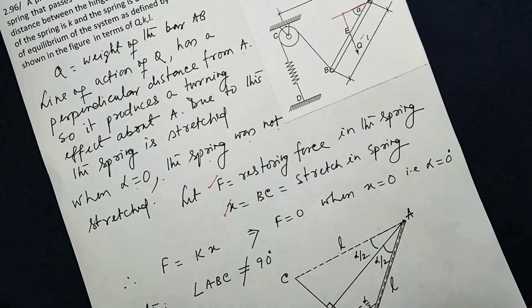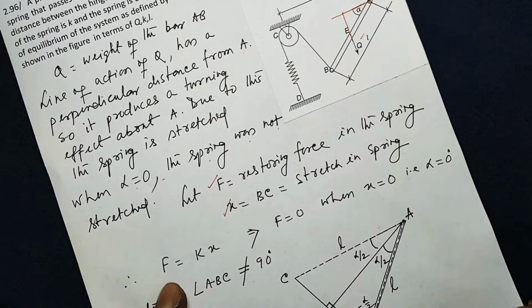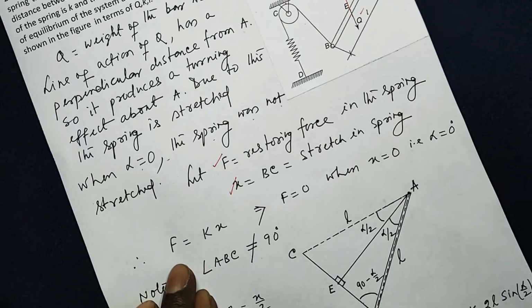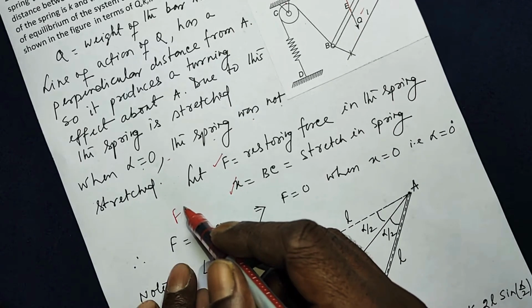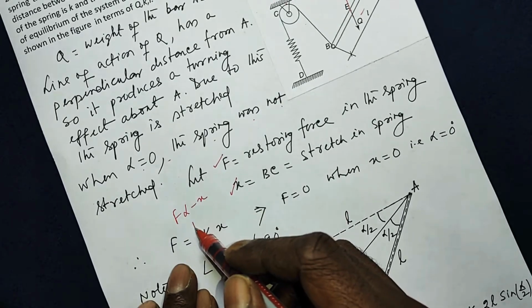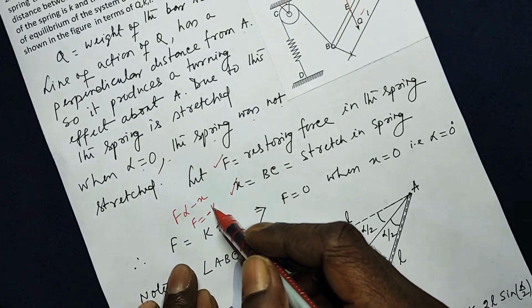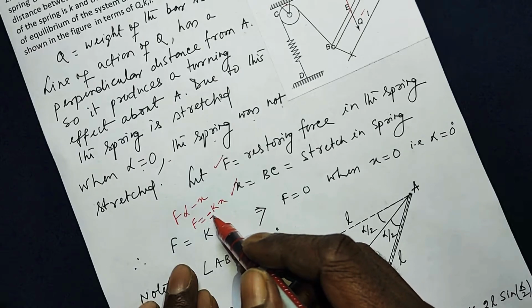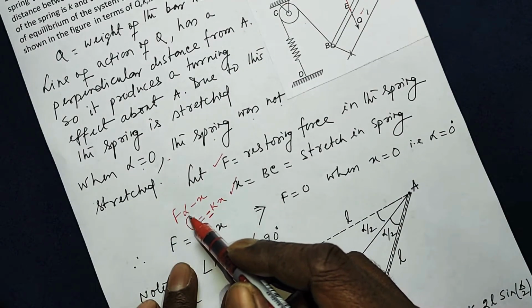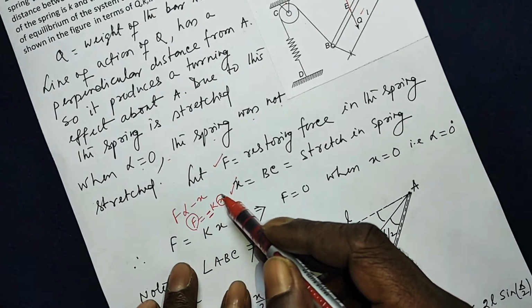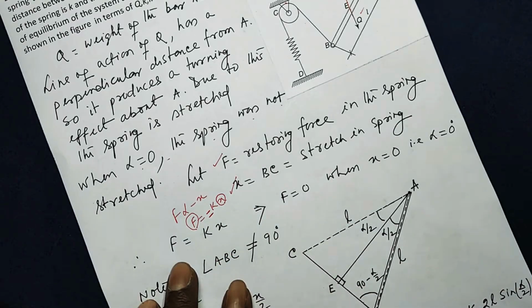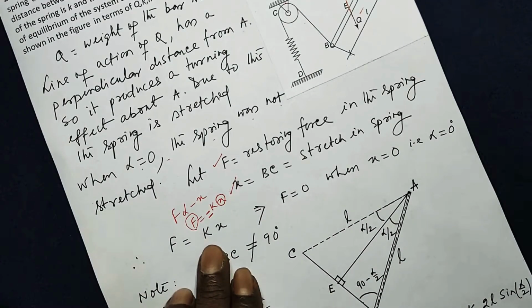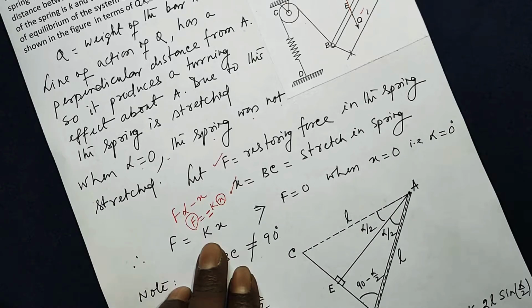The restoring force F is proportional to negative of x, so F is equal to minus Kx. The negative sign only indicates that the restoring force F and the stretch are opposite to each other. And K is your spring constant, or the stiffness of the spring.